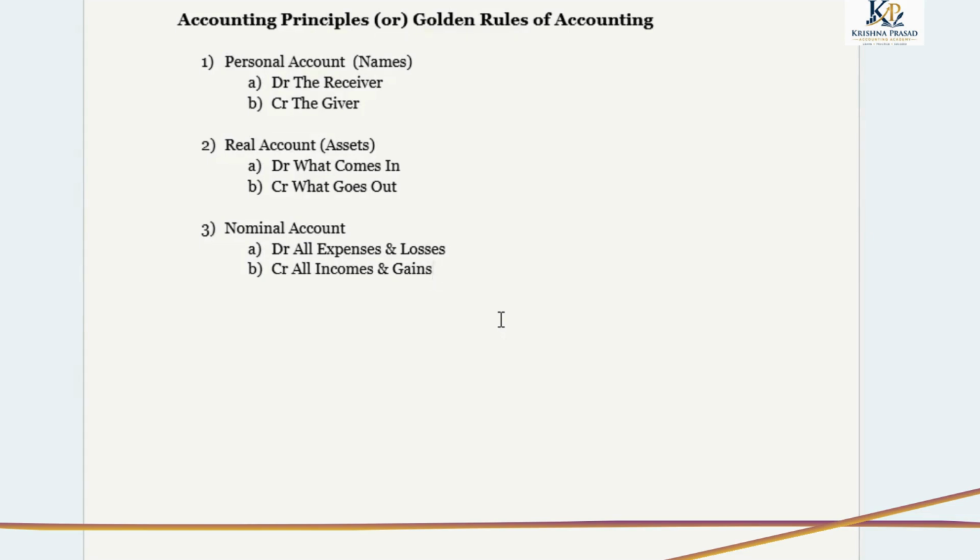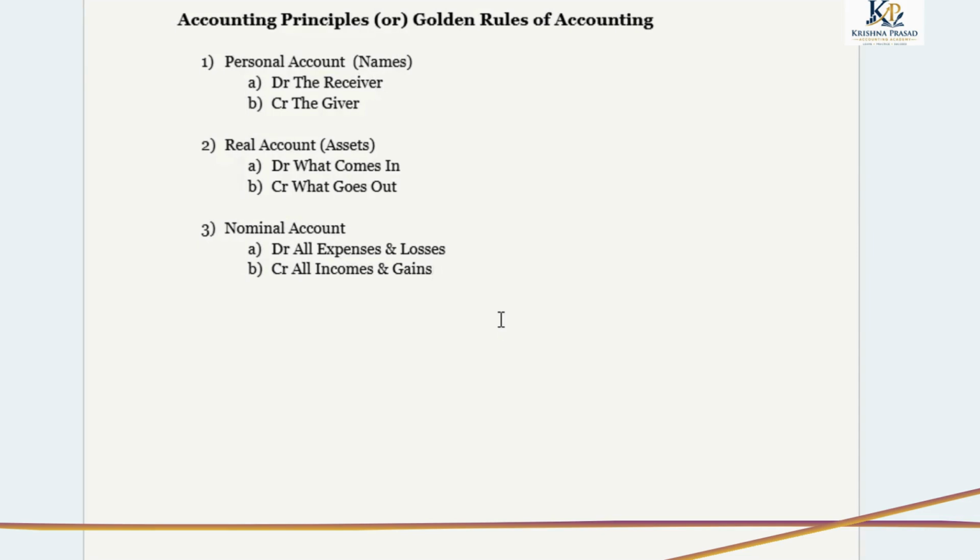So why does the nominal account not follow the dual aspect? Coming to that, we have the trading and profit and loss account and balance sheet. I'll explain later with the pro forma. In that, on the left side we record the expenses, on the right side we record the incomes. So the left side is called the debit side and the right side is called the credit side.